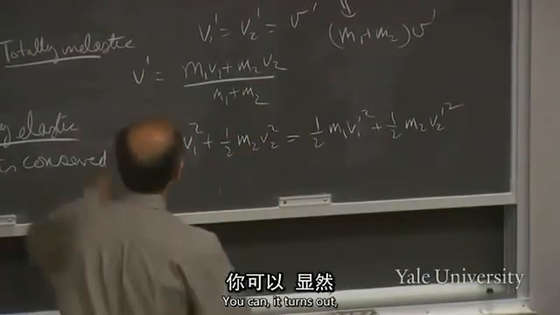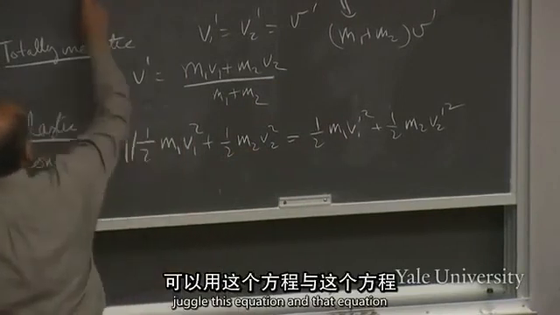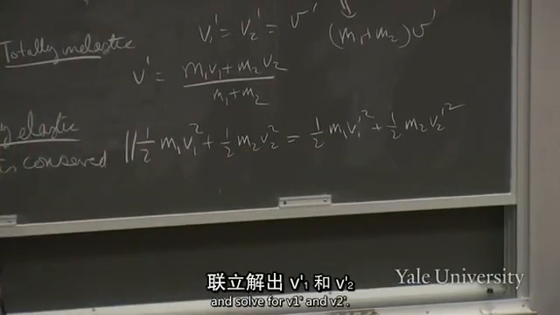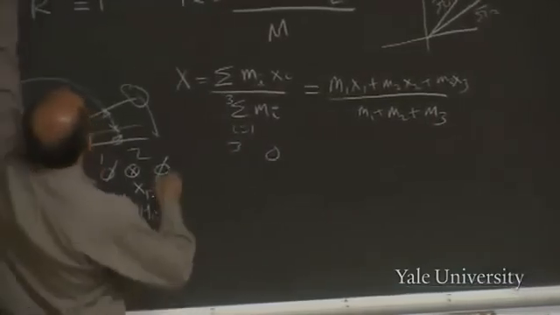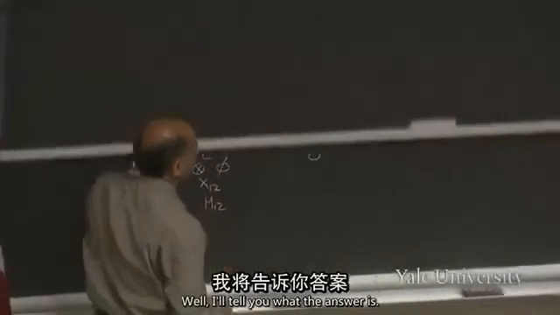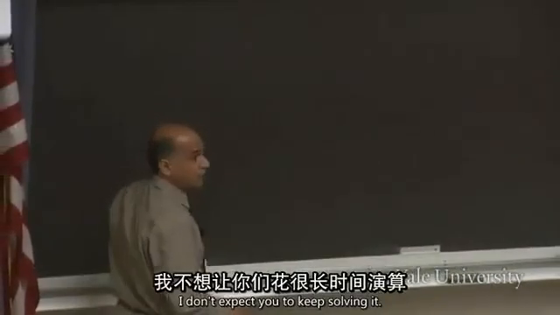It turns out you can juggle this equation and that equation and solve for v1 prime and v2 prime. Well, I'll tell you what the answer is. I don't expect you to keep solving it.